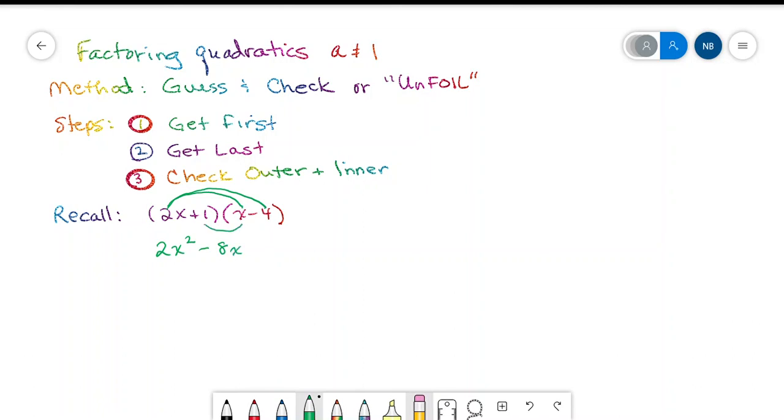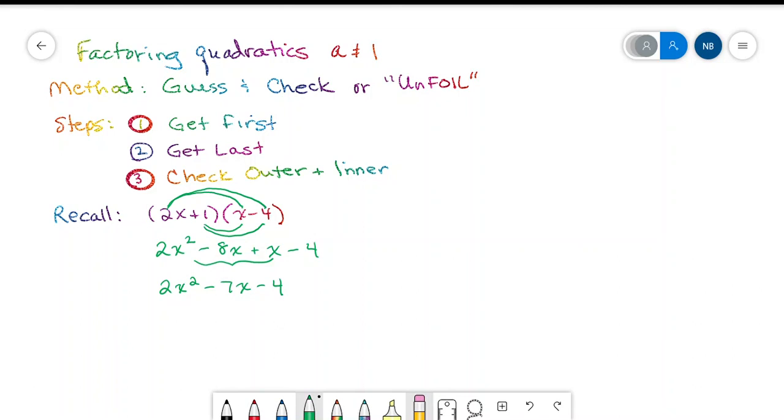The inner product is positive x, and the last product is negative 4. Notice you have middle terms, so they are alike, so we can combine them into negative 7x, and we get 2x squared minus 7x minus 4.